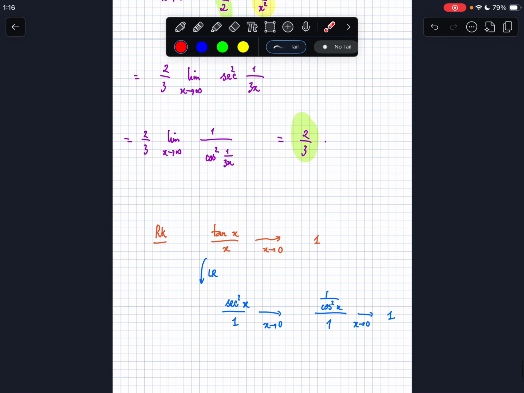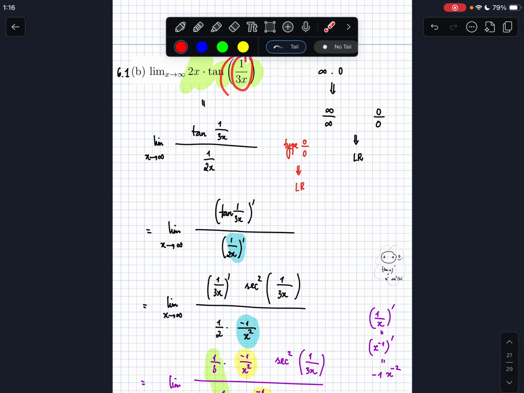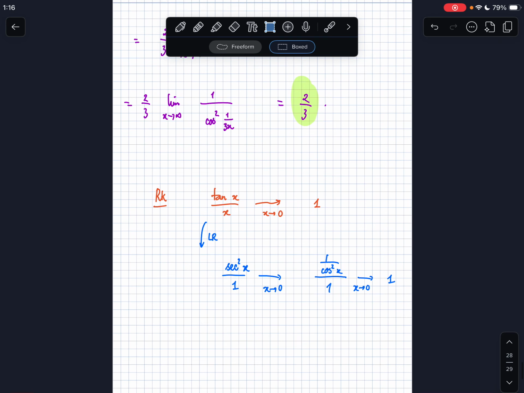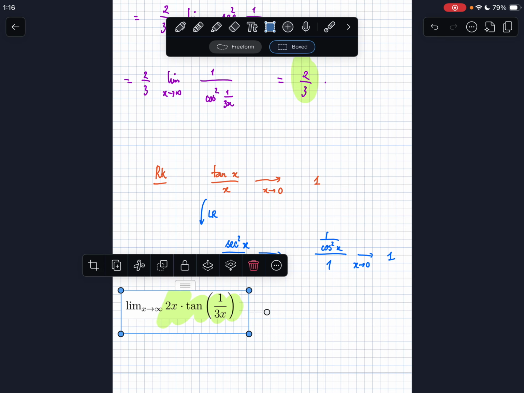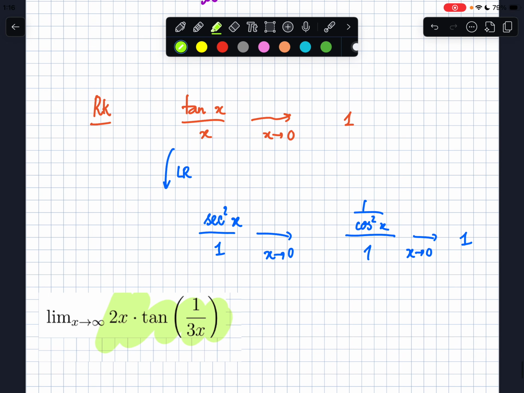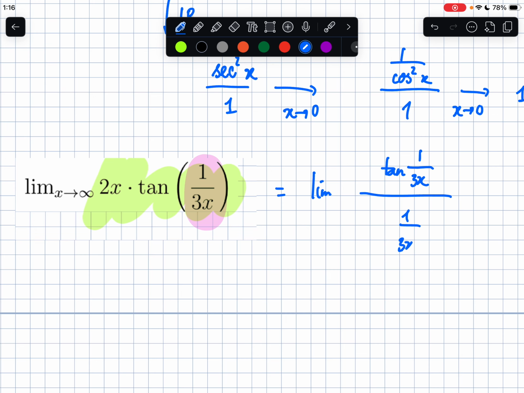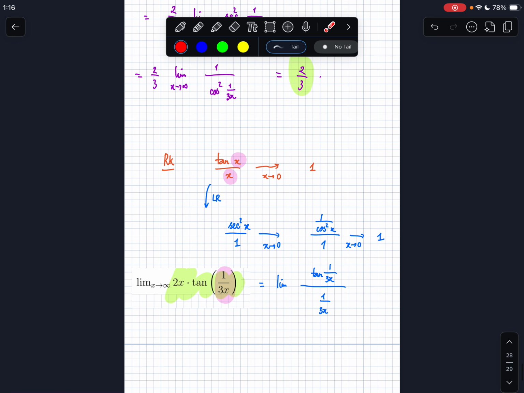You think of 1 over 3x here as this value, this x. So x tends to infinity here, this one tends to 0, and you can write it as the limit of tangent of 1 over 3x divided by 1 over 3x, which is exactly this form, with x tends to infinity.